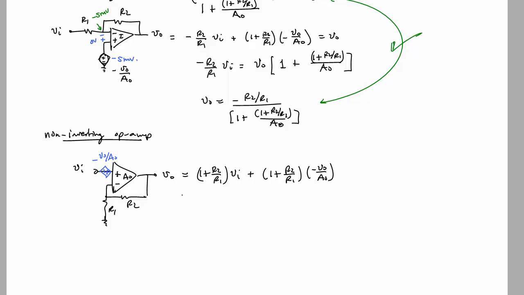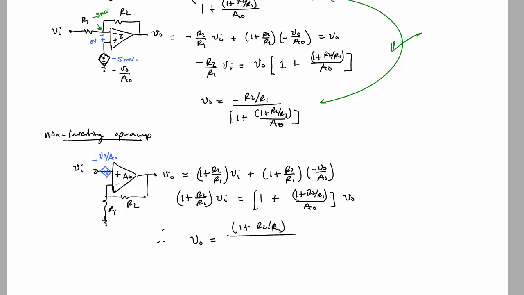We collect the terms again for VO, and we will have 1 plus R2 over R1, that whole quantity over A naught times VO, and therefore VO is equal to 1 plus R2 over R1, the ideal closed loop gain, divided by 1 plus quantity 1 plus R2 over R1, whole thing over A naught, and all of this times VI.